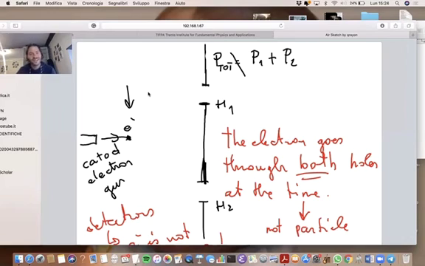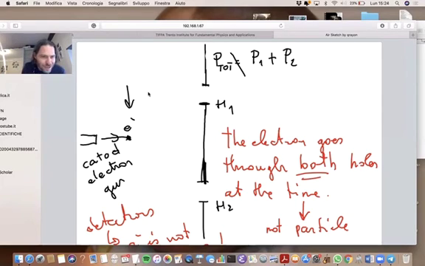So the electron is neither a particle nor a wave, or it's both a particle and a wave, because I can understand some properties of its behavior using waves, but I need to resort to the concept of particle to understand other properties of the electron.